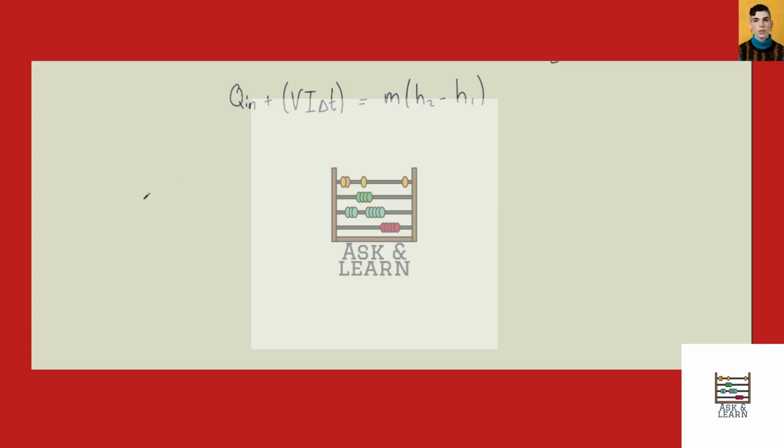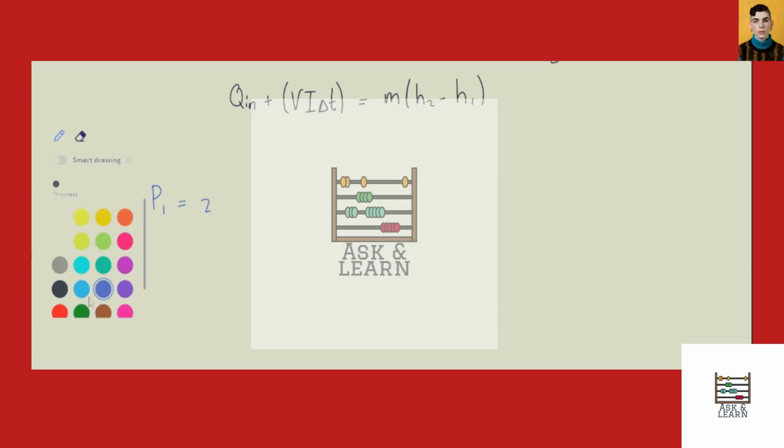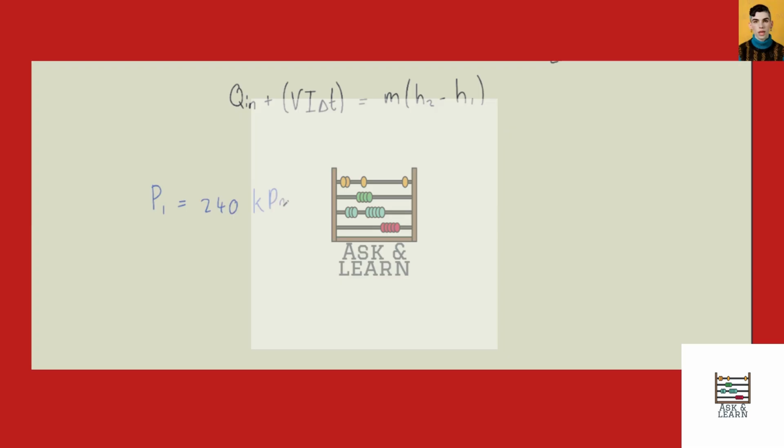Now, let's write down our properties at our given values. So we have P1, the initial pressure, is 240 kilopascals. And this is a saturated vapor.